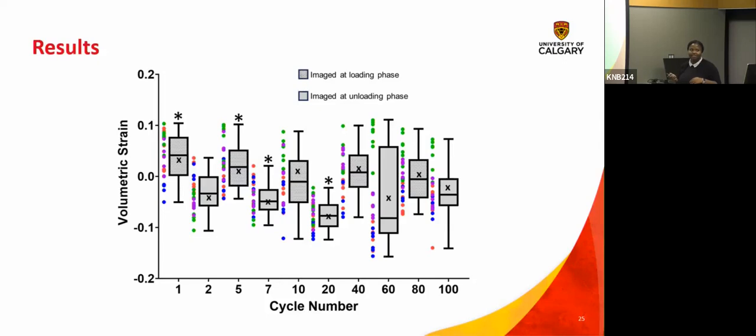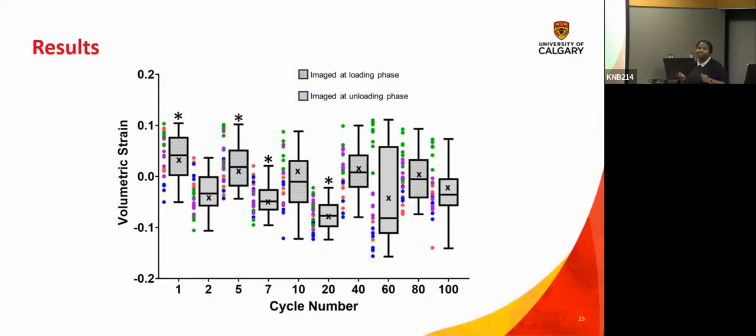And mind you, these are not middle zone cells. These are superficial zone cells. So that was really surprising to see a bit of a volume increase, just focusing on the bars of the images that were collected at the top.